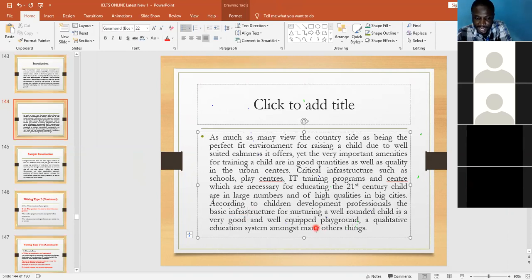And in the latter part, I validated the fact that these amenities are present in the cities, which makes the city a better option for the development and growth of the child. So that's the way to write a body paragraph: I've raised one point, and I have explained and validated it.